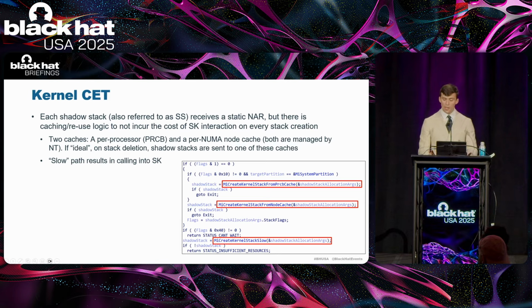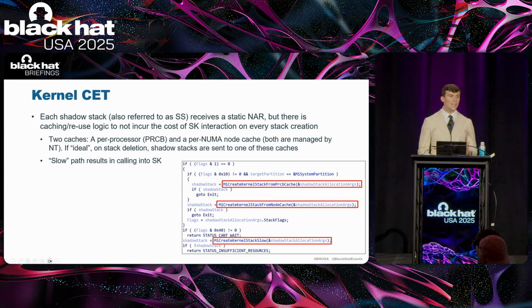And so what happens is, if the conditions are right, we send old shadow stacks, which we are done with, to one of these caches. And the reason for this being is threads typically have an ideal processor or ideal NUMA node. Well, allocations typically will be cached on the processor which they were issued from or executed from.